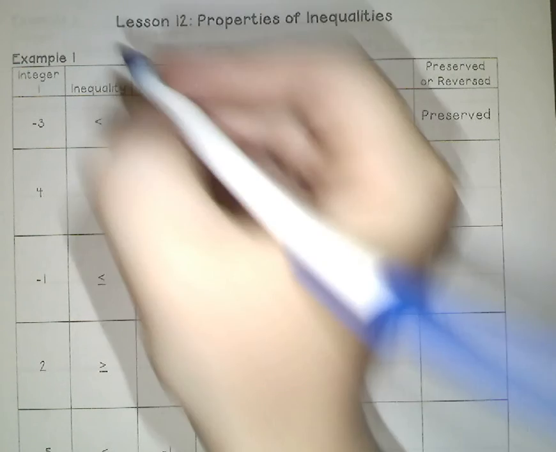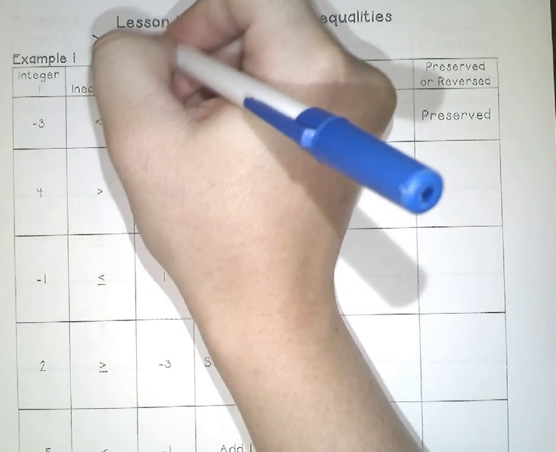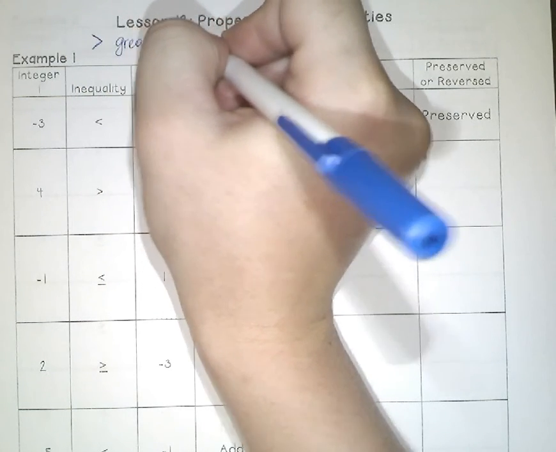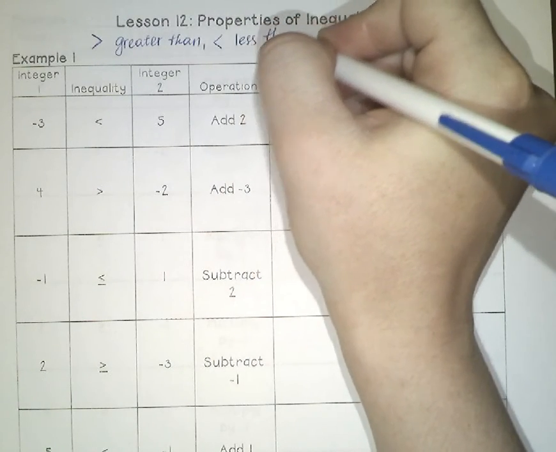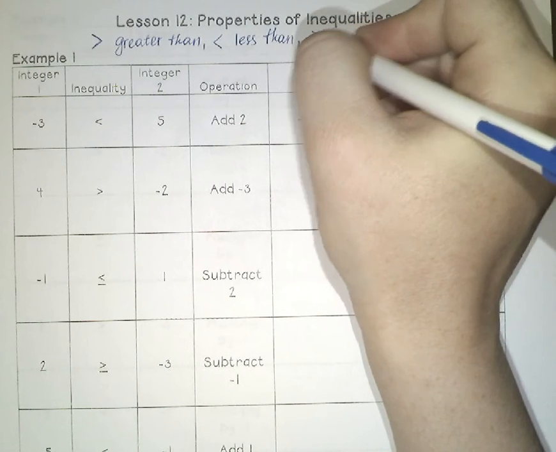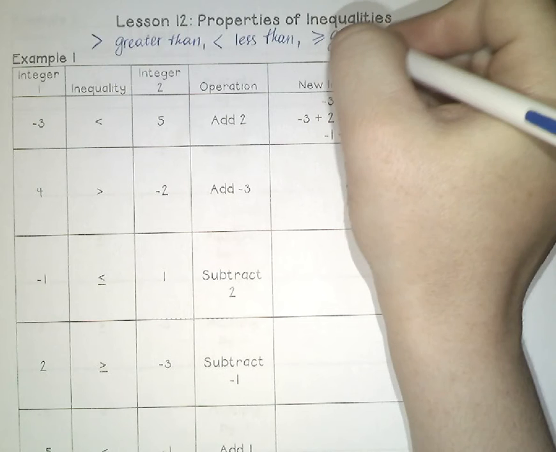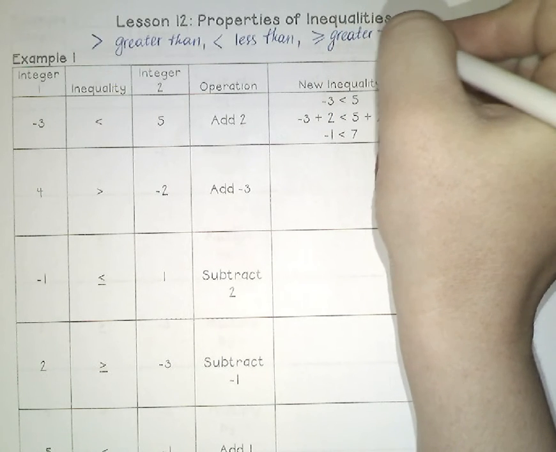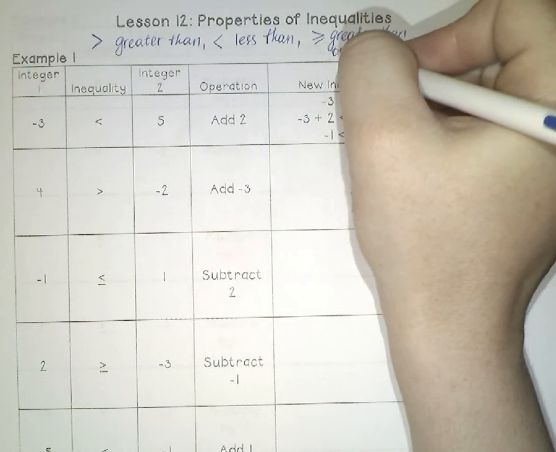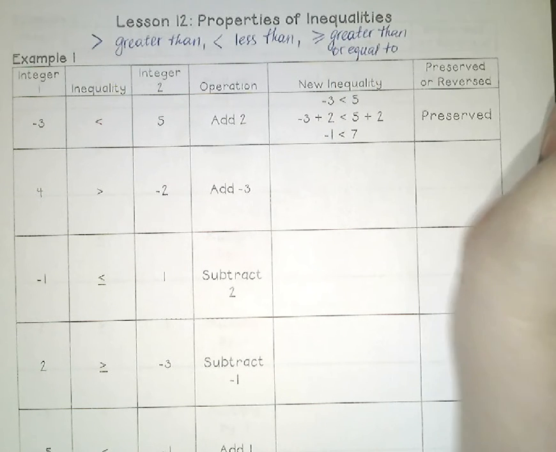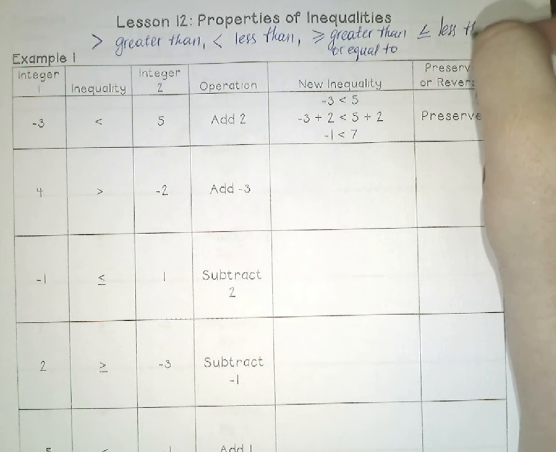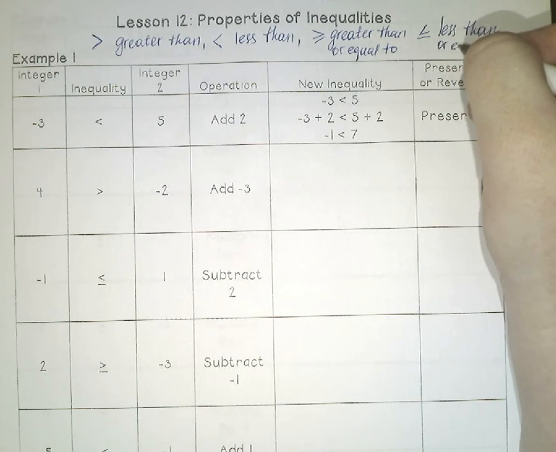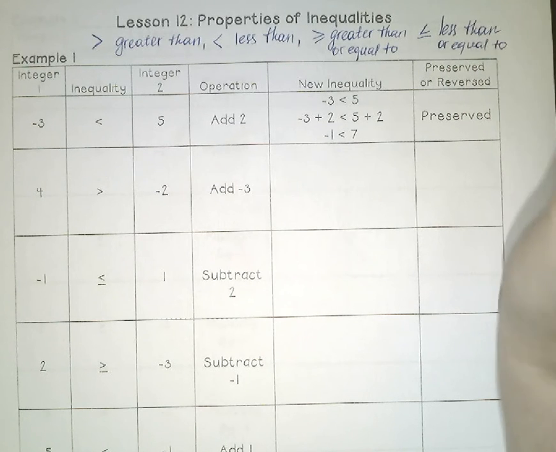We have the greater than sign. We have the less than sign. We have the greater than or equal to sign, and then we have the less than or equal to sign.